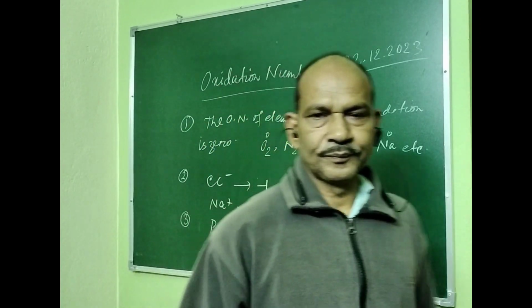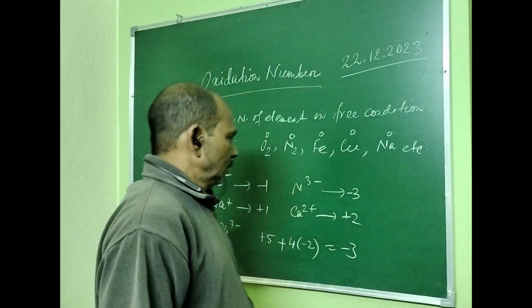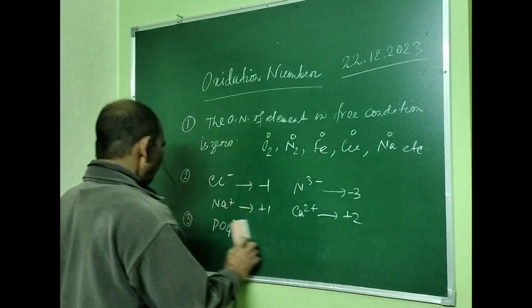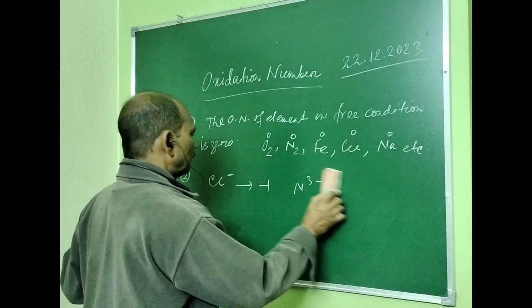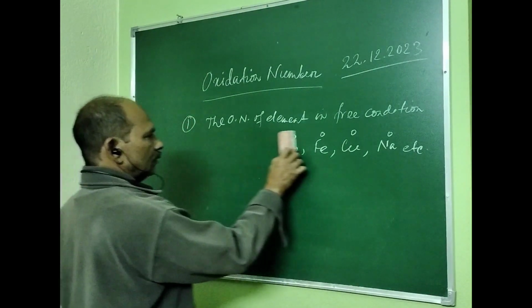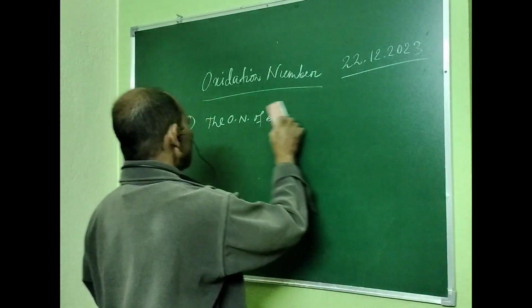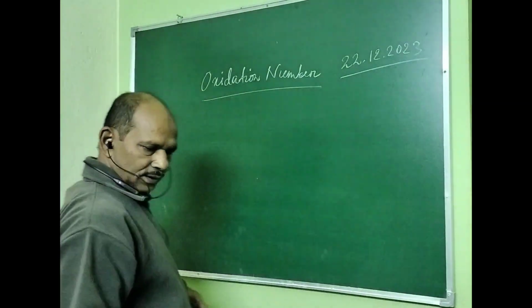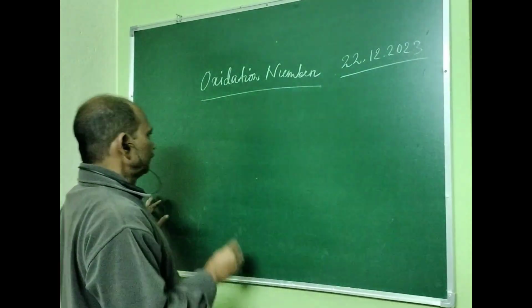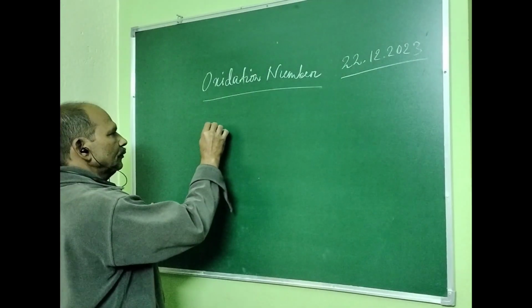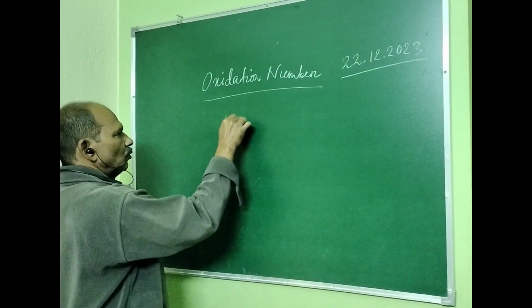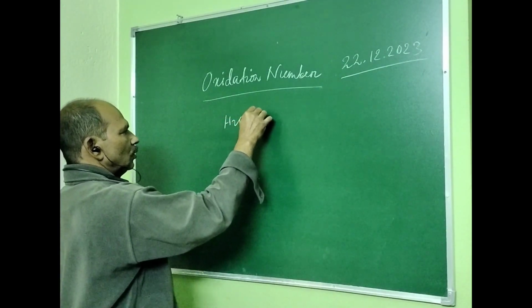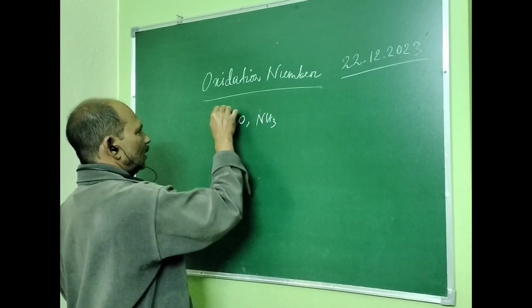Normally, in hydrogen containing compounds, the normal oxidation number of hydrogen is considered to be +1. Suppose H2O, NH3, etc. hydrogen is +1.